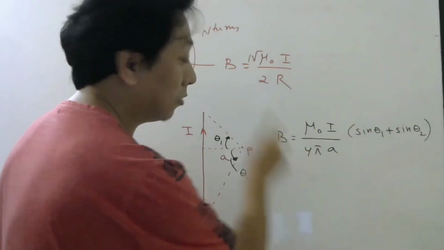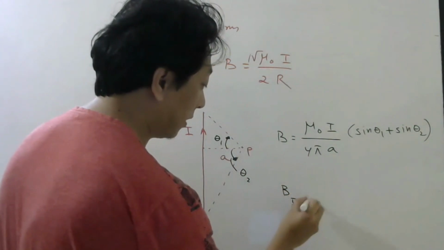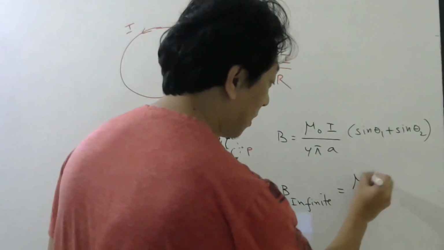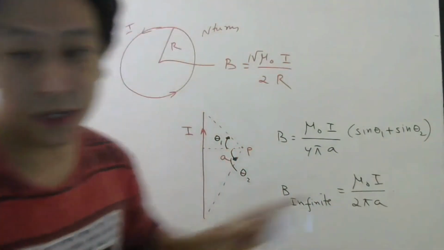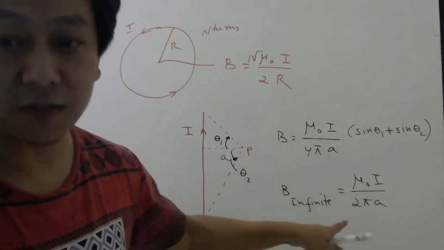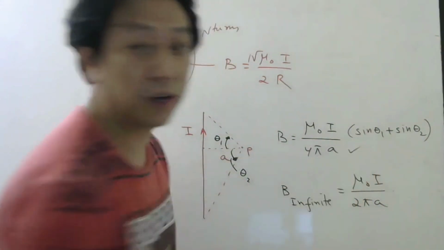That 2 will cancel the 4 here. So for an infinite wire, it will be mu naught I by 2 pi A, which we have done in the class also. Using Ampere's circuital law, we have derived this formula, right? So that is how you can check if you have written the correct formula or not.